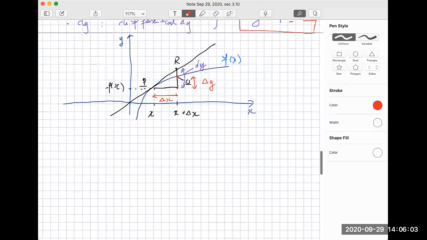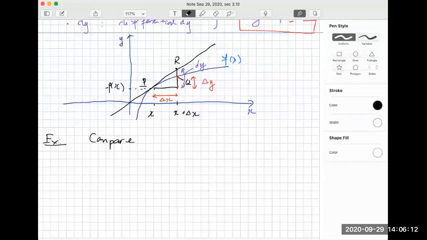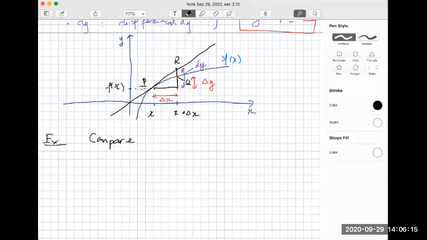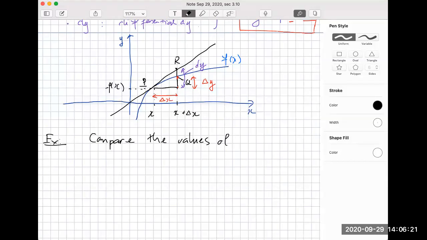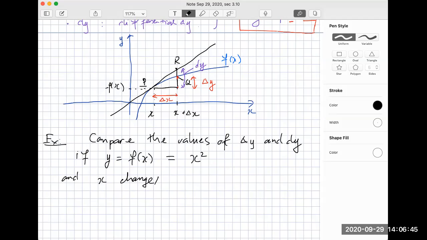So let us play with this example. Compare the values of delta y and dy. If the curve y equals f of x is x squared, and x changes in two cases.